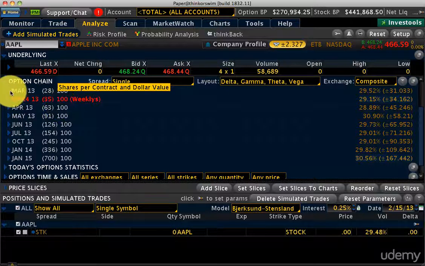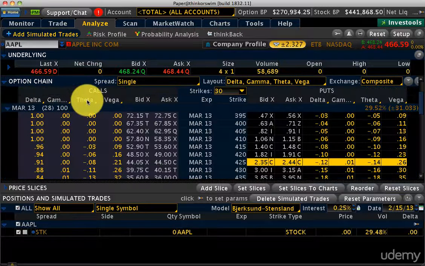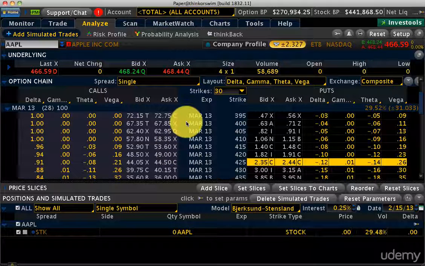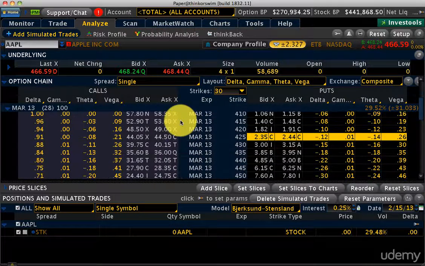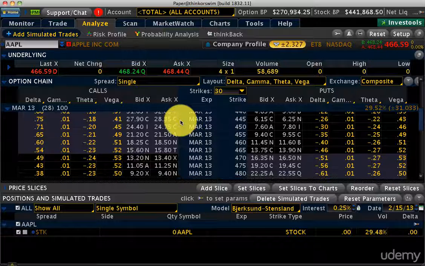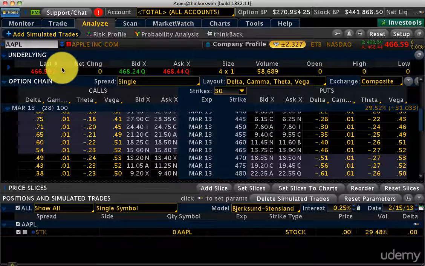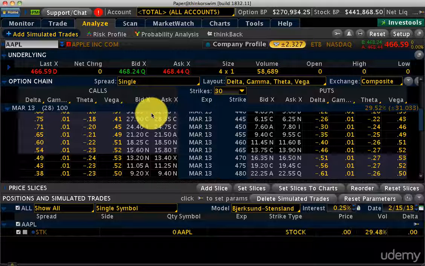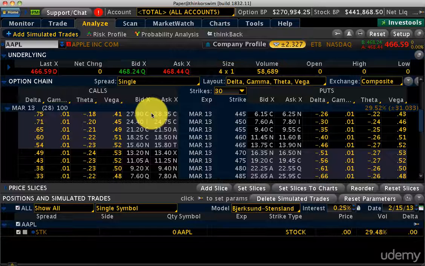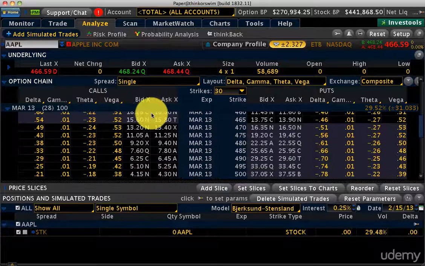Let's take our same expiry series. Let's say we have 28 days to expiry in March, and you already own 100 shares of Apple. So this time we're going to look at the calls section. Now Apple's trading at 466, and let's say a perfectly acceptable price to sell Apple and book your profits was $500. You wanted to sell it at $500 and nothing less.